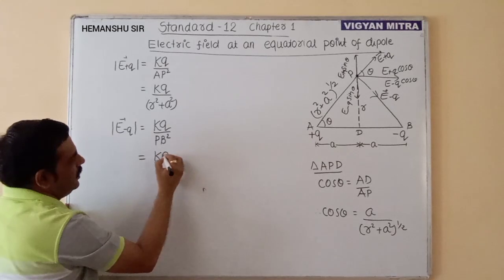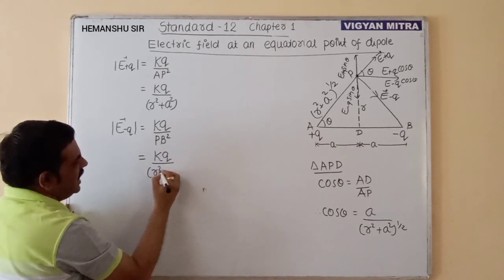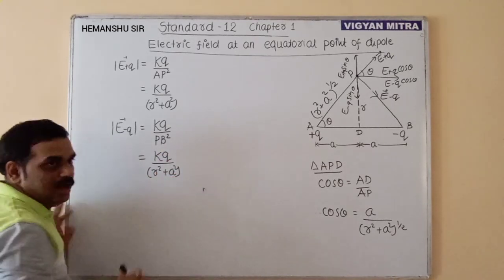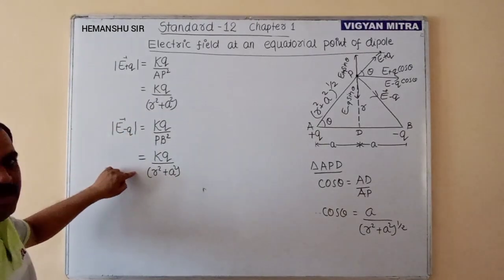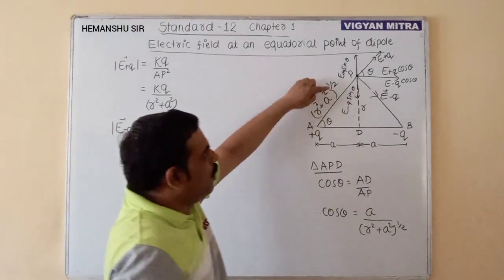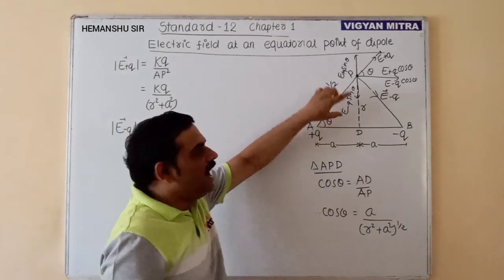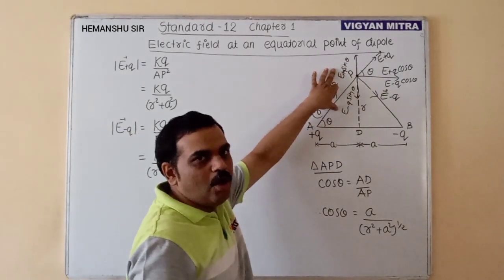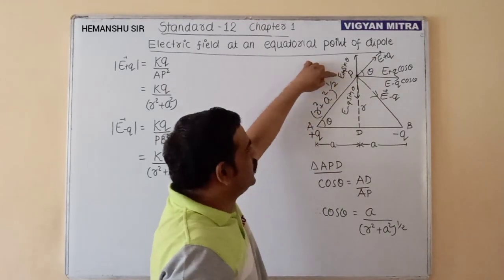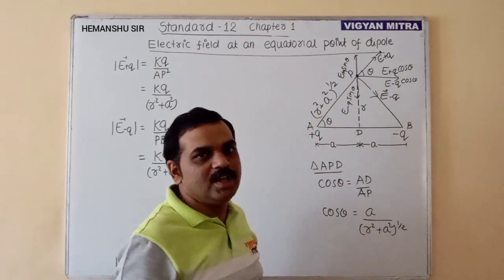So it is KQ divided by (R square plus A square). Now these two are similar. That means the components E plus Q sin theta and E minus Q sin theta are of the same magnitude and in opposite direction. So these two components cancel out each other.